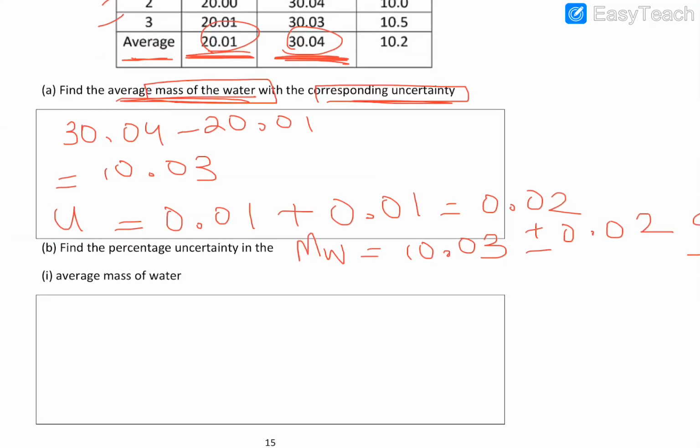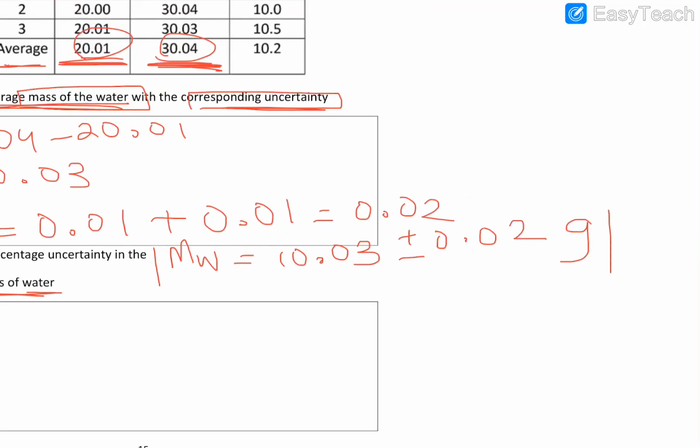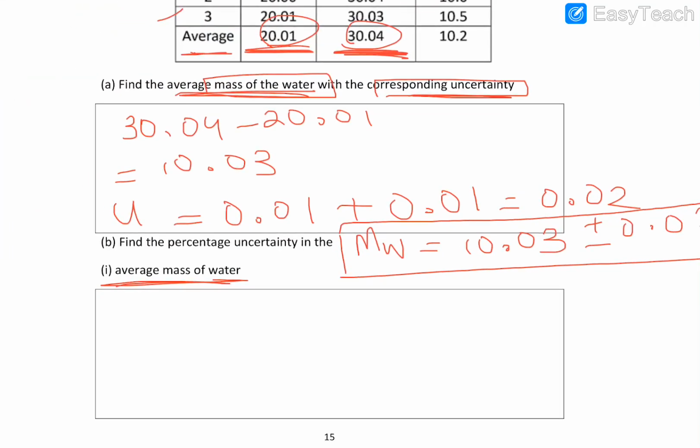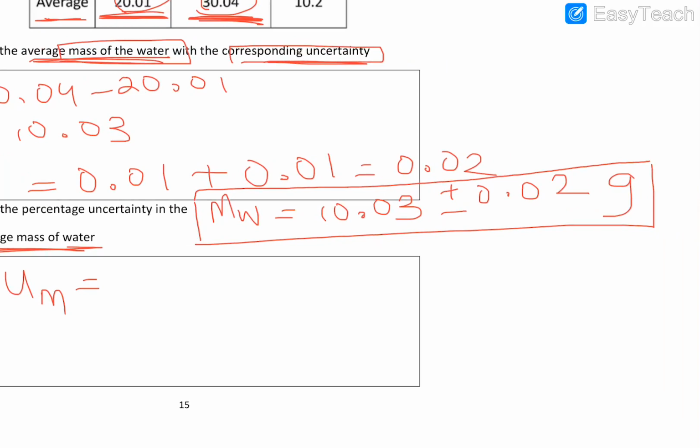Find the percentage uncertainty in the average mass of water. So this is what I have. So the percentage uncertainty in mass of water would be the uncertainty divided by the mass times 100.